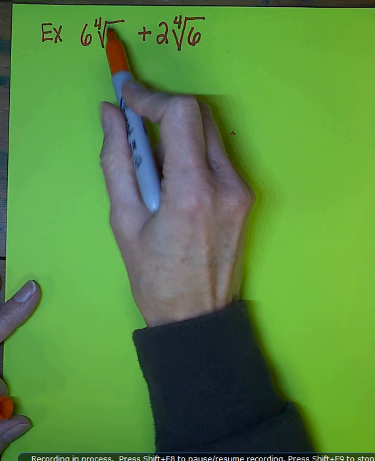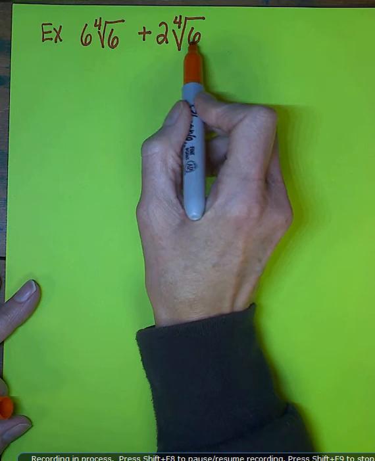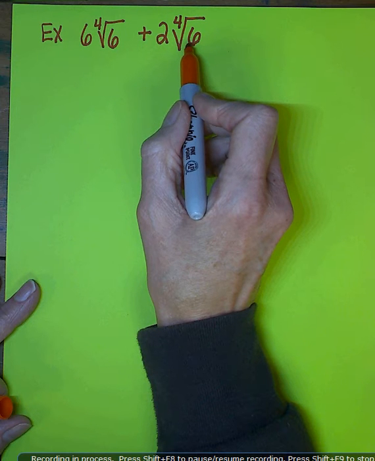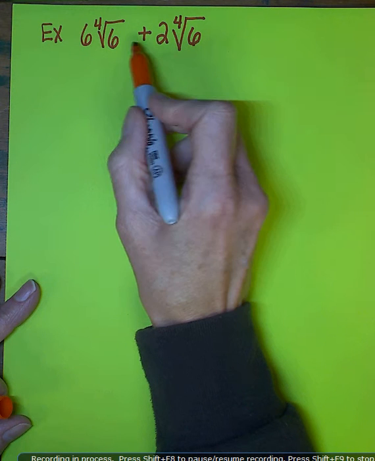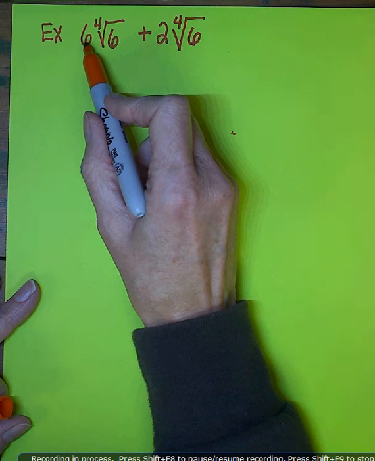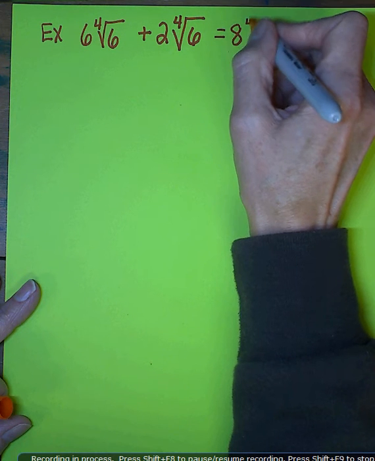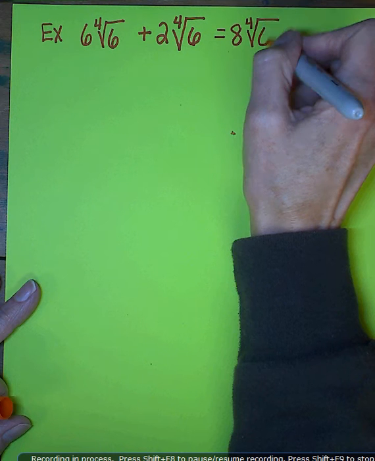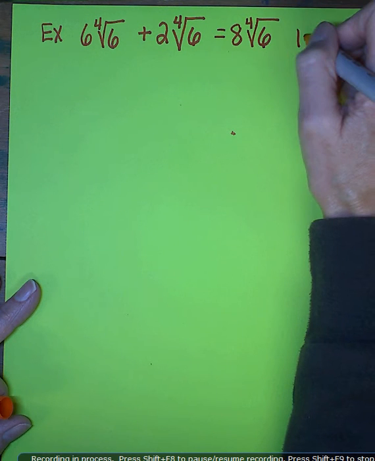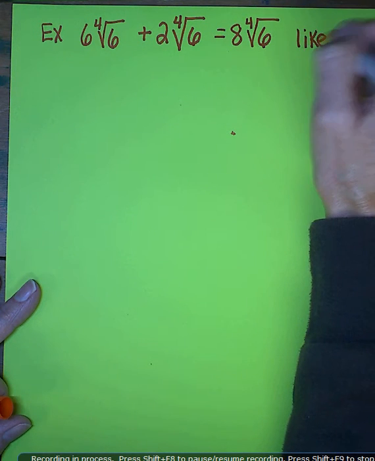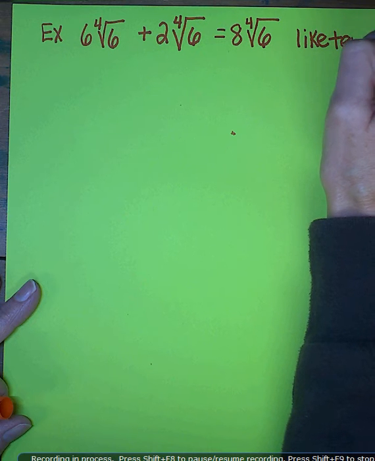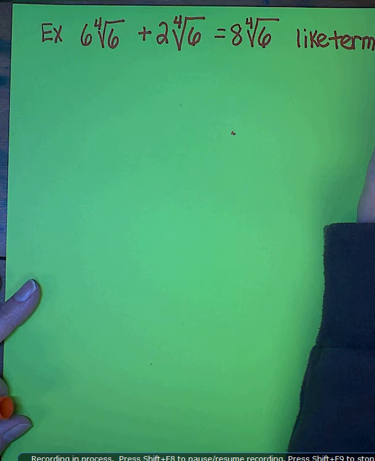They're both the 4th root of 6, and they have to be exactly alike to add them together. These are like terms, so I can just add the 6 plus the 2 to get 8 4th roots of 6. These are like terms, so just like always, you can only add together like terms. With radicals, they have to be exactly alike.